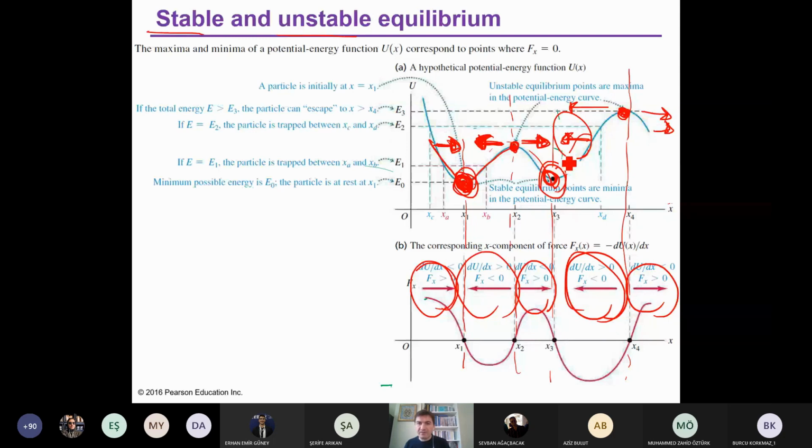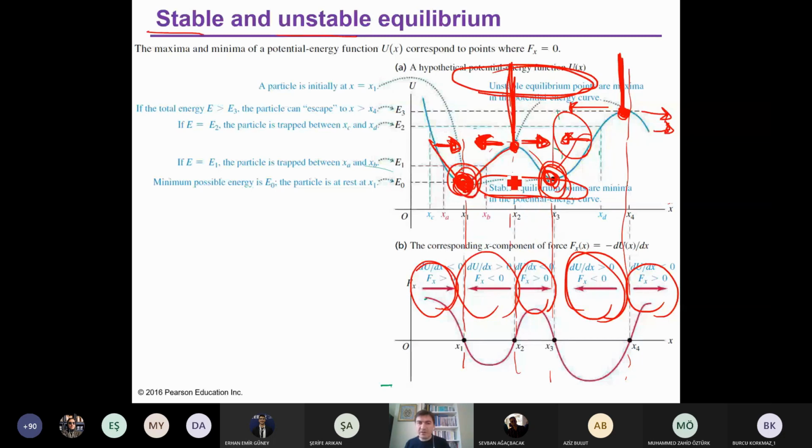So then these two maximum energy positions are the unstable equilibrium positions, and these minima are stable equilibrium positions, okay?